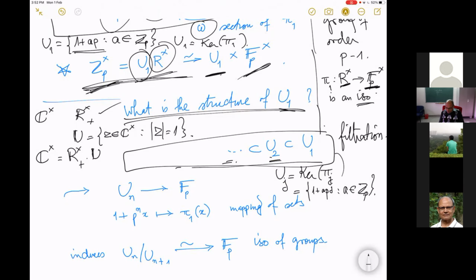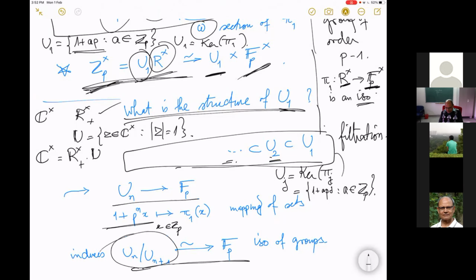And when you want to understand a filtration, you might want to find out what the successive quotients are. What is U_n modulo U_{n+1}? So here's the answer. It's actually just isomorphic to F_p. And what is the isomorphism? From U_n, you have a map to F_p, where every element of U_n looks like 1 plus p to the n times x, where x is in Z_p.